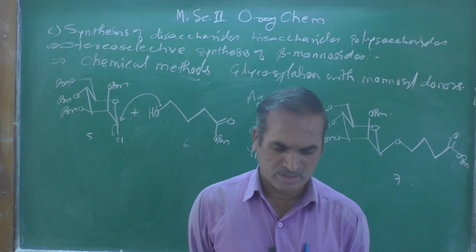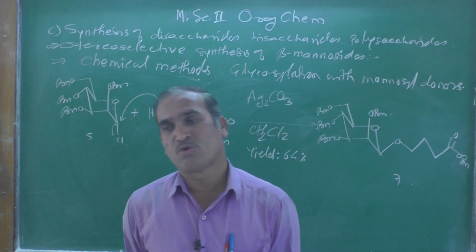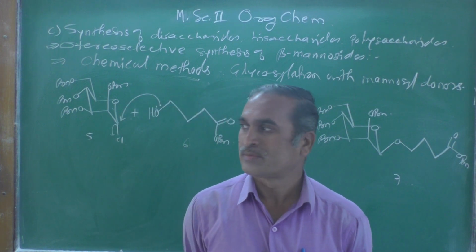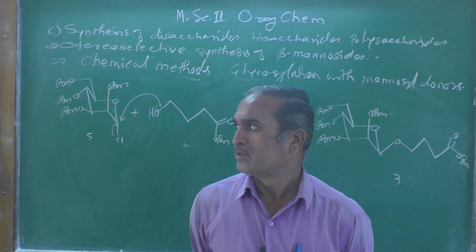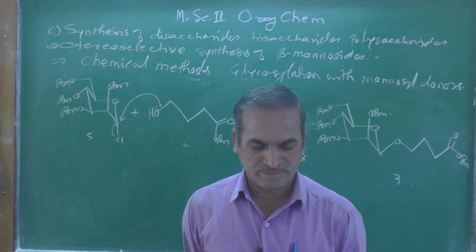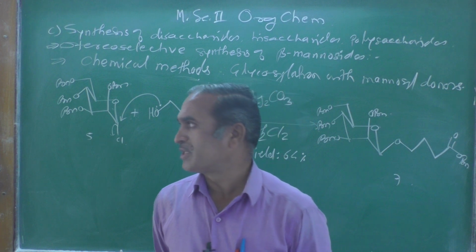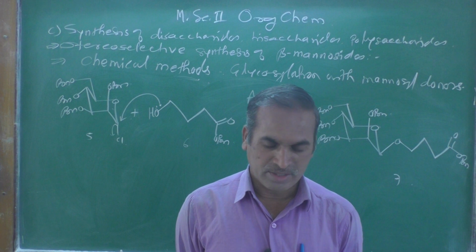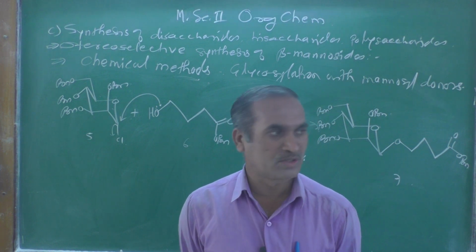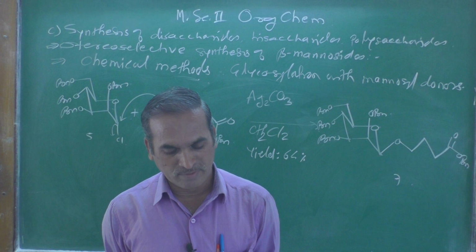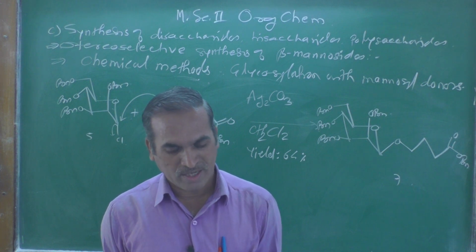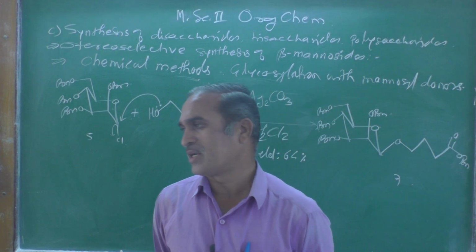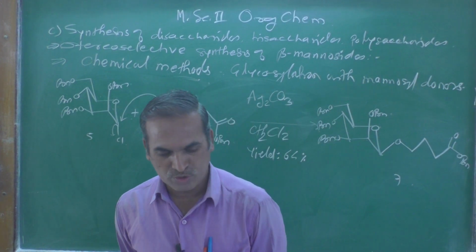And another one is the CH3COO minus acetate group. It is introduced under basic condition, pyridine, and the reagent generally used is acetic anhydride. For deprotection, or removal of this group, a catalytic amount of sodium methoxide in presence of methanol is used.